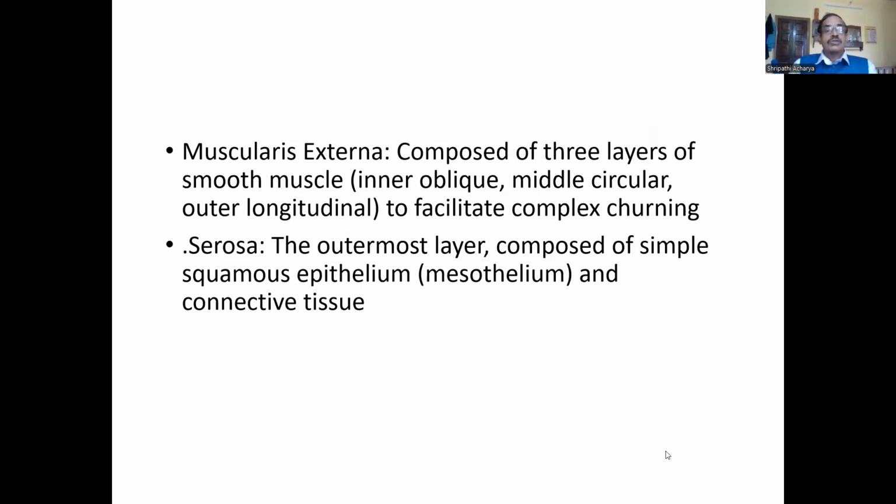Third one is muscularis externa, composed of 3 layers of smooth muscle, inner oblique, middle circular, outer longitudinal, to facilitate complex journey. Fourth one is serosa, the outermost layer composed of simple squamous epithelium, mesothelium, and connective tissue.